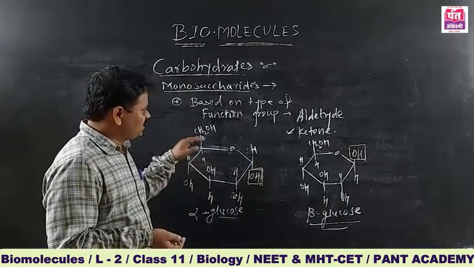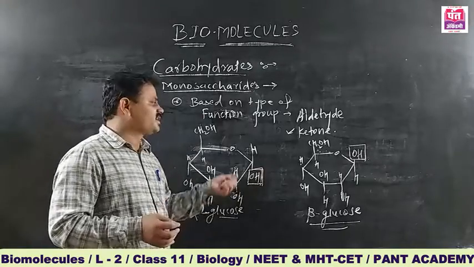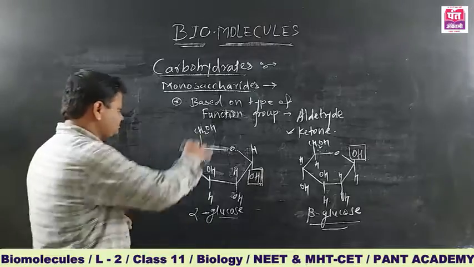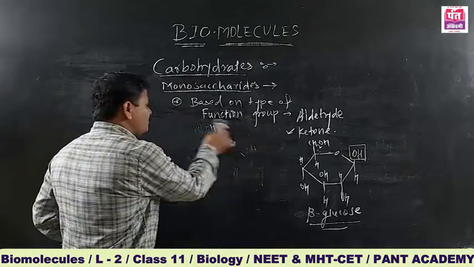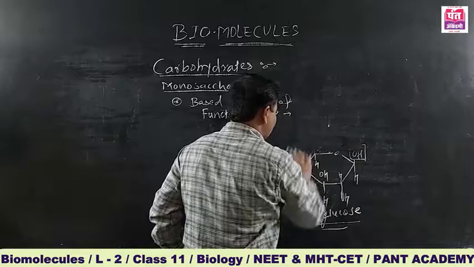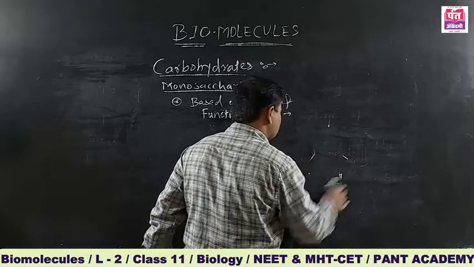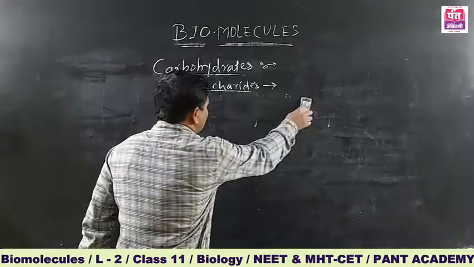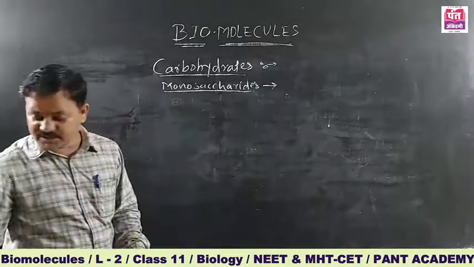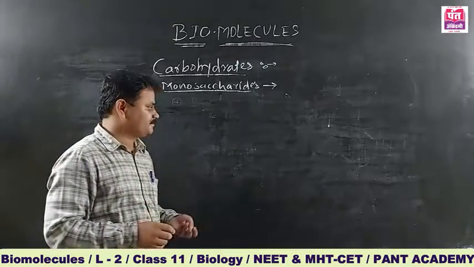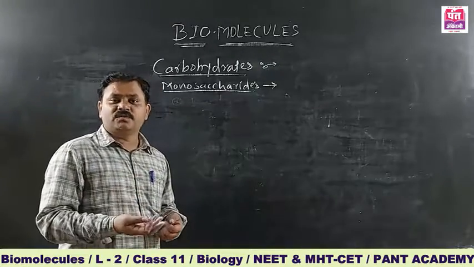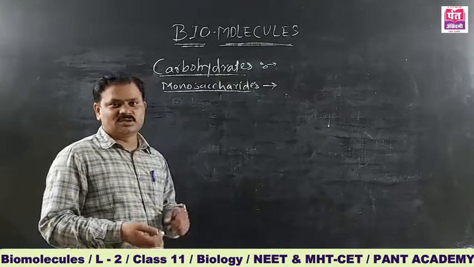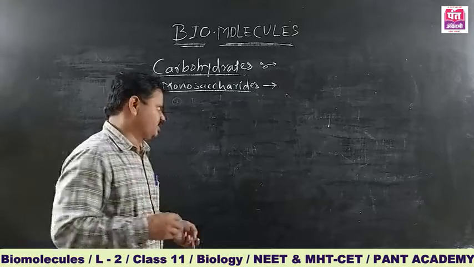So these are another kind of criteria we consider for the classification of the monosaccharides. These are the different aspects we have discussed: whether the mono sugar contains an aldehyde group or a ketone group. Based on that, these mono sugars are classified into two different groups, aldoses and ketoses. Then whether the conformation is beta or alpha, and whether it is dextrorotatory or levorotatory.